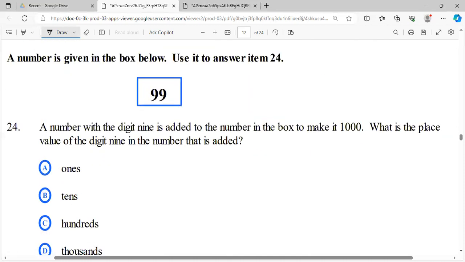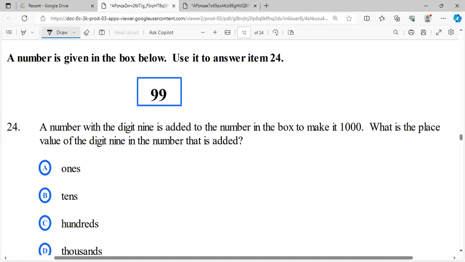Let's move on to 24. A number is given in the box below. Use it to answer item 24. A number with the digit 9 is added to the number in the box to make it 1000. What is the place value of the digit 9 in the number that is added?